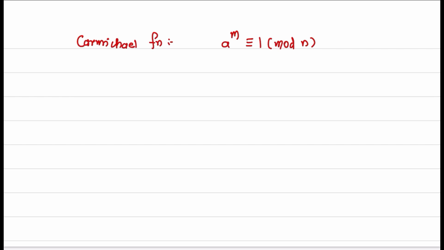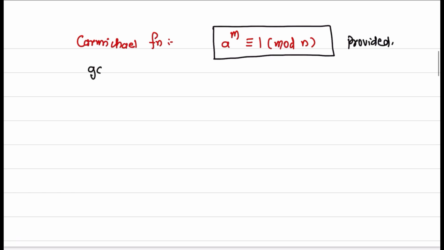This is the Carmichael function. Why use it here? How to use it here? Let us see now. These concepts are very, very important. Provided GCD of a and n is equal to 1.